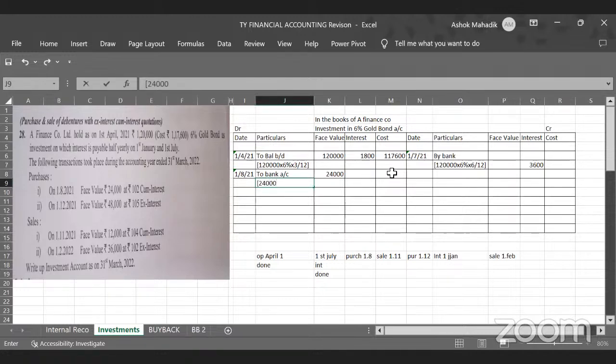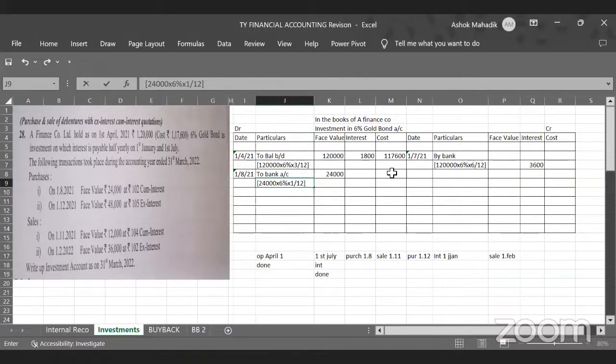Always start with the face value of that transaction into 6%. This will be given to you, into how many months have lapsed from the previous interest payment. The interest was paid on 1st July. So July, 1 month has lapsed. This is 1st August, so you can't count for this one. So into 1 by 12. That 6% is for a full year, so out of that, only 1 month's interest we have to give here.